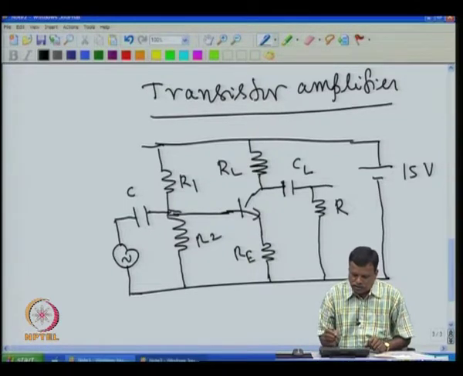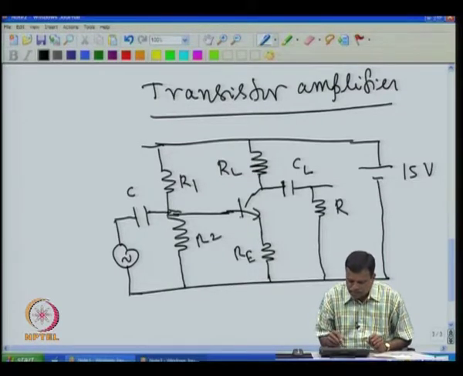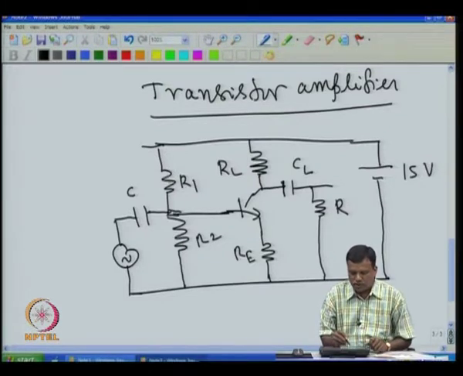Now, what is the basic philosophy involved in using the transistor? Essentially, we have to forward bias the base emitter junction and reverse bias the base collector junction. Now, this 15 volt is actually divided between R1 and R2, because R1 and R2 is acting as a voltage divider.